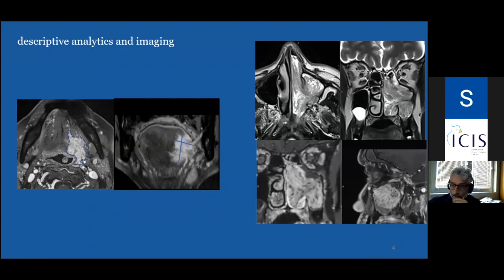On the right side, you see how the MRI pattern of an inverted papilloma to some extent is the imaging representation of the histological architecture. So it's a sort of diagnostic analytics. Of course, what radiomics can do in terms of descriptive and diagnostic analytics is much more complex and sophisticated than what can be done by the human eye in the daily routine.